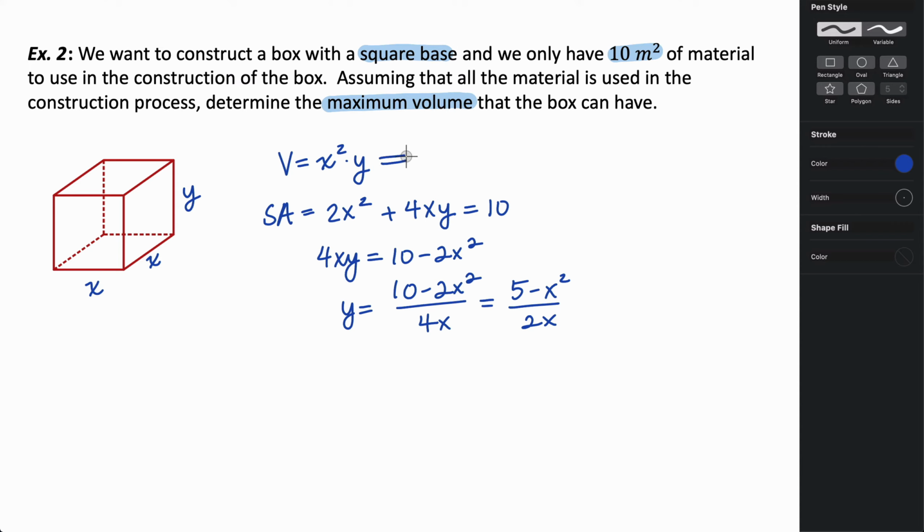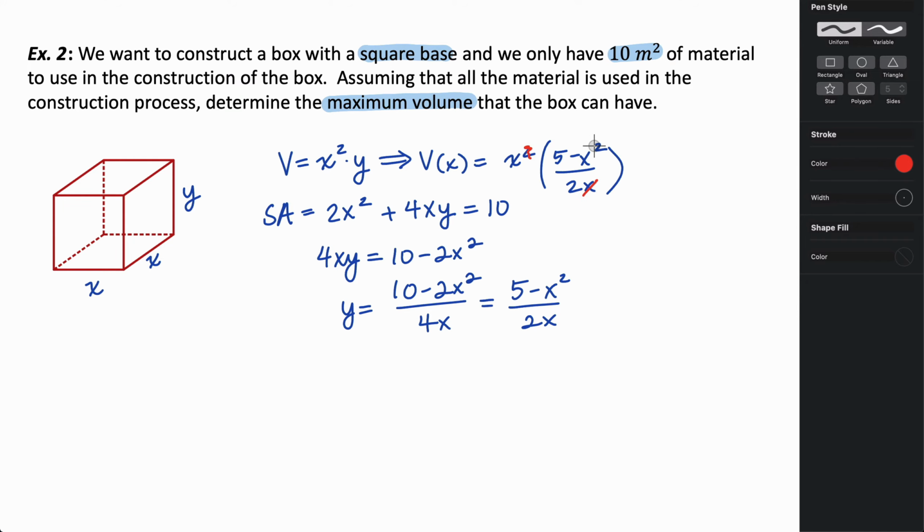So this tells me then that the volume as a function of x is going to be, so x squared times this, so it's x squared times 5 minus x squared all over 2x. So we see that one of these x's cancel, right? This is going to cancel with one of these.